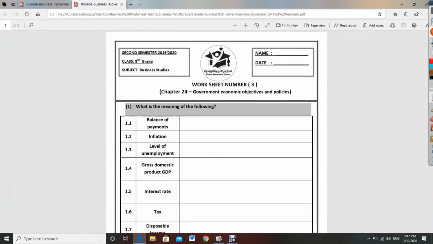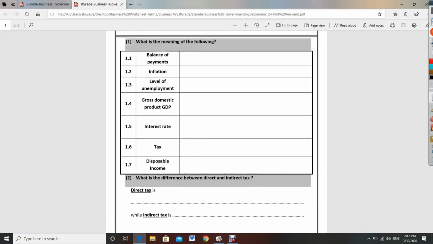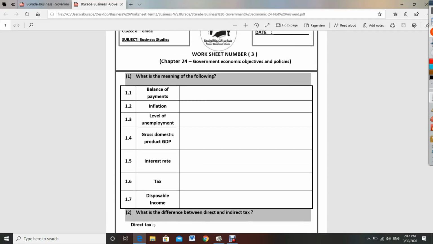So this worksheet will cover chapter 24, government economic objectives and policies. The first question contains seven definitions: balance of payments, inflation, level of unemployment, gross domestic product (GDP), interest rate, tax, and disposable income.